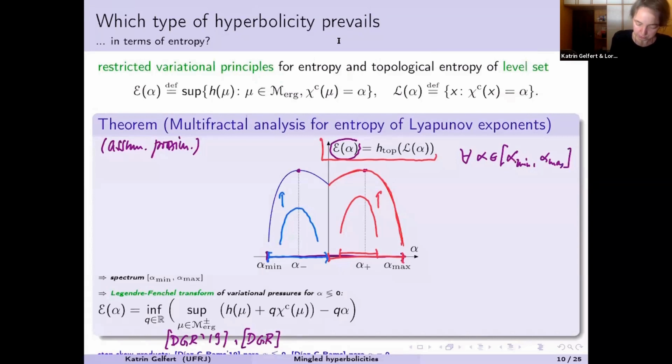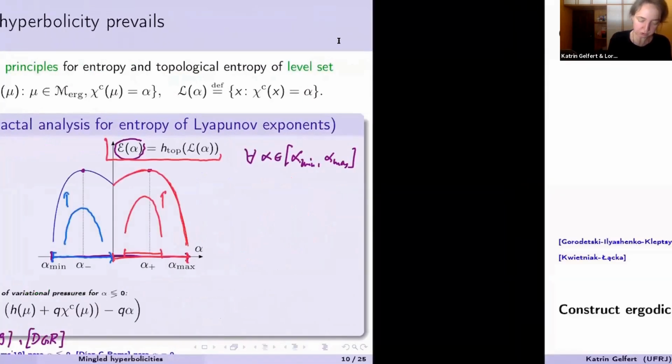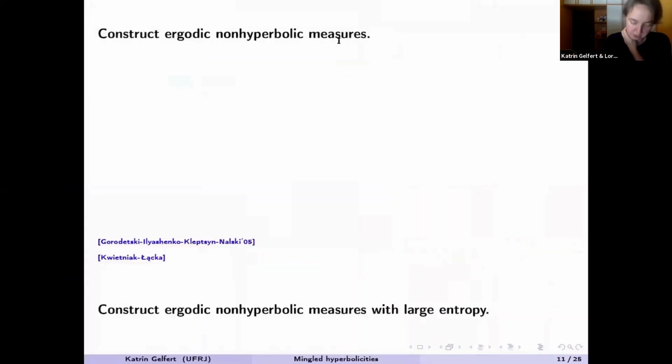So we want to construct ergodic non-hyperbolic measures. Well, again, getting back to the motivating paper by the Russians, they do construct ergodic non-hyperbolic measures, and the construction is by periodic orbits.